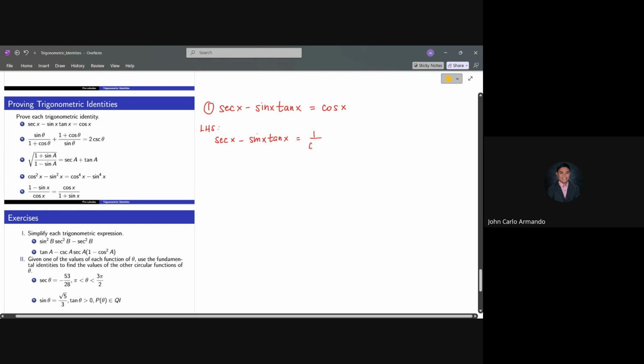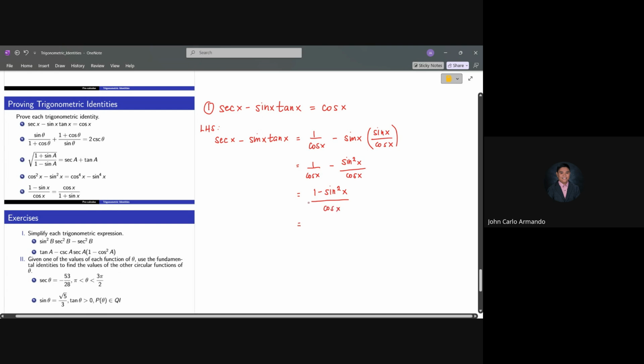That is equal to 1 over cosine x minus sine x times, we know that by quotient identity, tangent x equals sine x divided by cos x. And that becomes 1 over cosine x minus sine x times sine x, that is equivalent to sine squared x divided by cosine x. And since we have a common denominator, we can subtract the numerators, 1 minus sine squared x, and just copy the denominator.